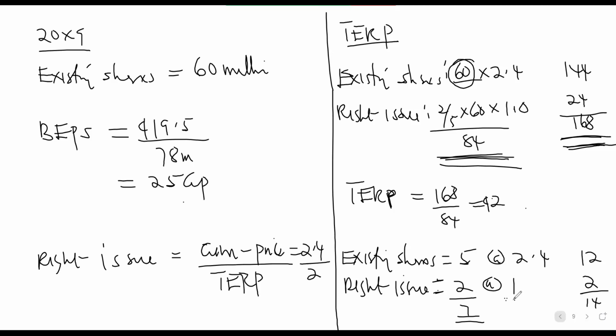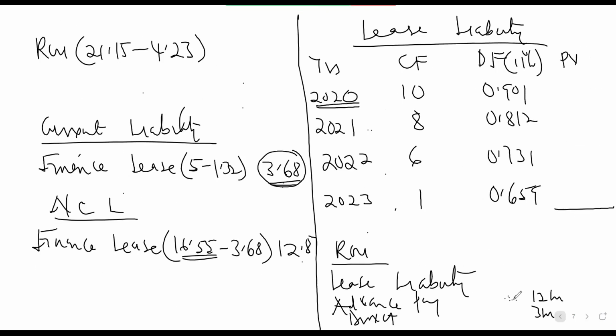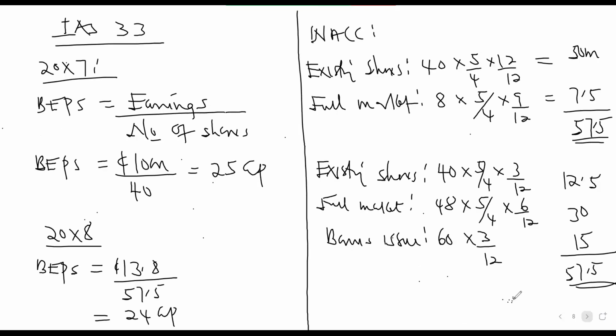Pesos. Okay. One thing that you have to know is that whenever there is a bonus issue, the bonus issue will affect what? The shares that you have from the beginning. So you are going to be adjusting the first one that we did.